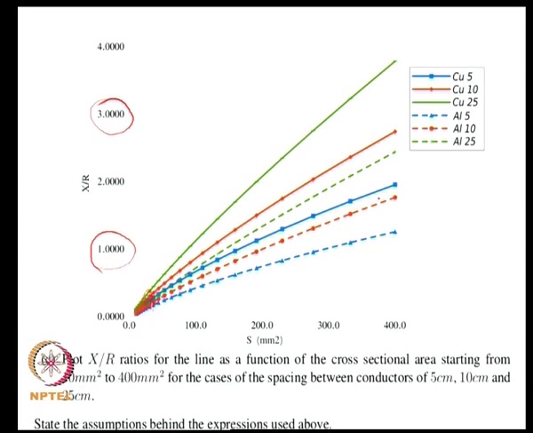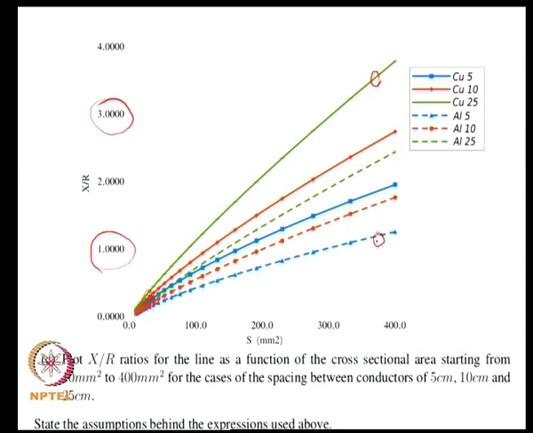You could also see that when the spacing between the conductors is large, for example for 25 centimeter spacing, you have a higher value of x by r compared to 5 centimeter spacing. This means that if you have a loop of wire and you increase the distance between the conductors, you would have more inductance. So, this is to be naturally expected.